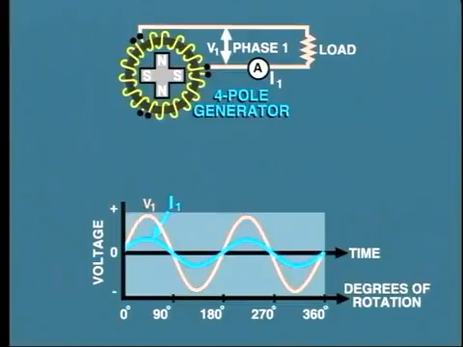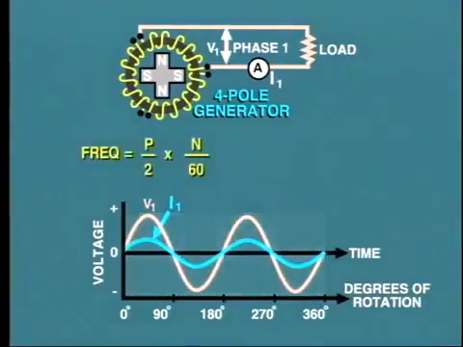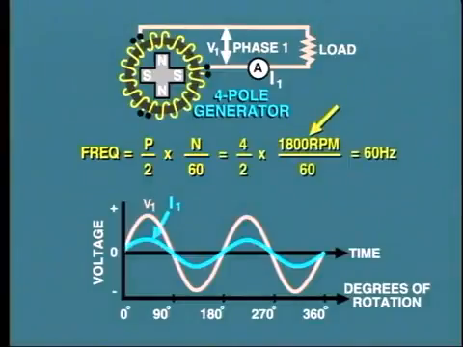So at what speed will the generator need to run in order to produce a frequency of 60 hertz? This can easily be calculated from the standard expression that says frequency equals P, that is the number of poles over 2, times N, that is revolutions per minute over 60. In this case, the 4-pole machine must run at 1,800 RPM to produce 60 hertz.